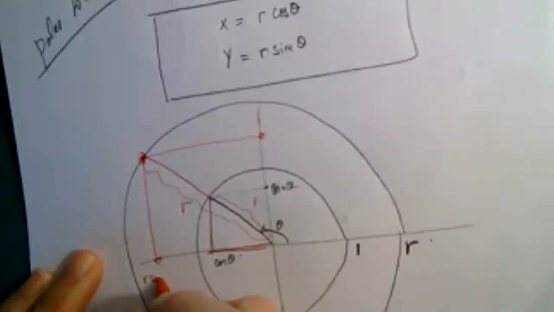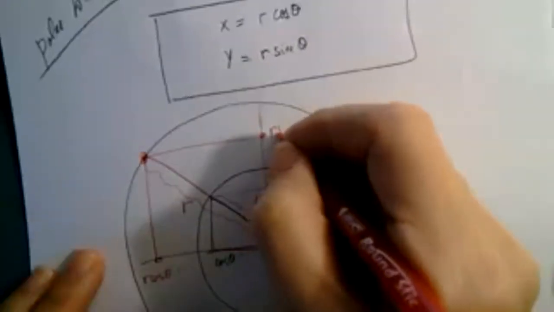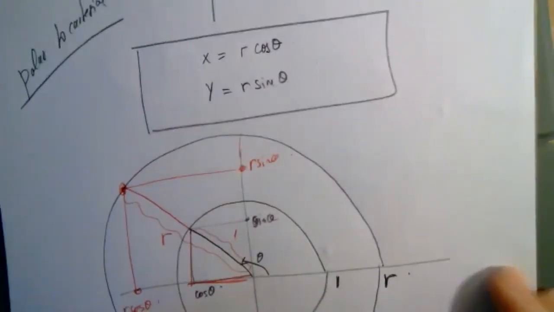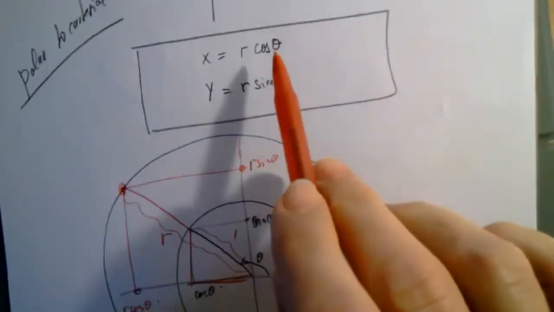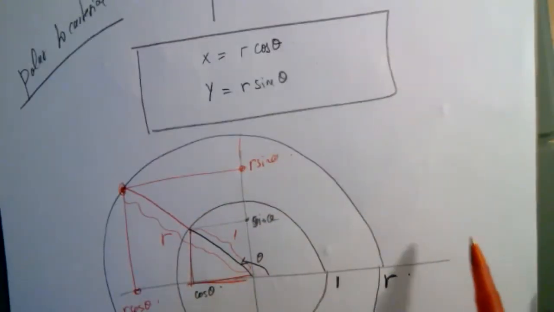So this would be r cosine theta, and this will be r sine theta. That's really why those hold all the time. They go back to the definition of sine and cosine on the unit circle. There is no other reason why they hold, even if theta is anywhere in the plane.